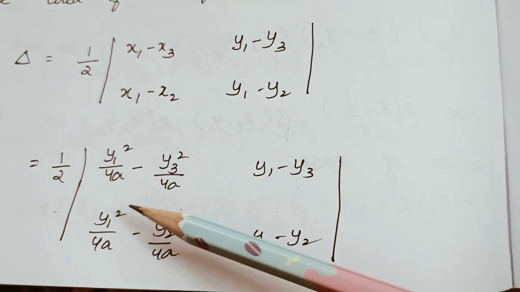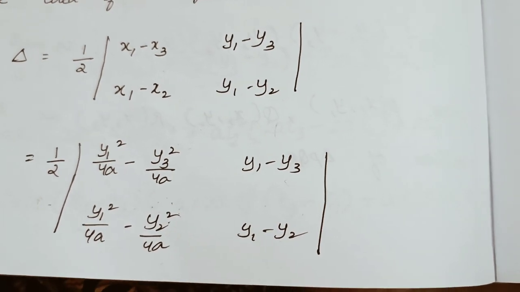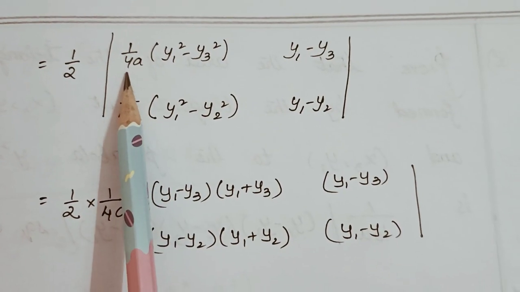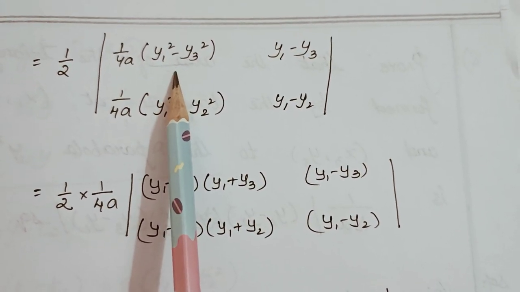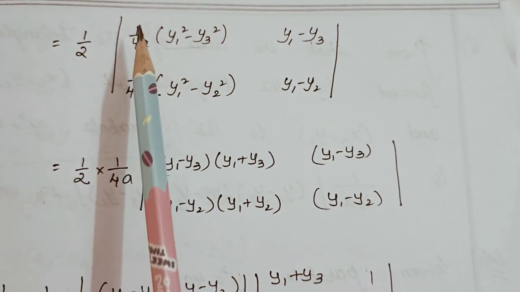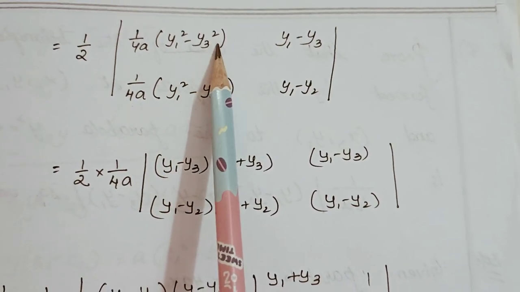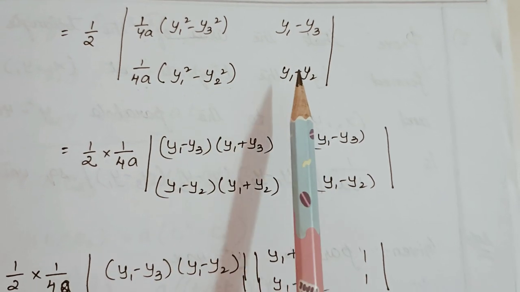Here also y1² − y2² upon 4a after taking LCM. Now taking 4a common from this, in the denominator 4a was there, so taking 4a common here. Here also taking 4a common. So 1/4a (y1² − y3²), this one same as it is, 1/4a (y1² − y2²) same.